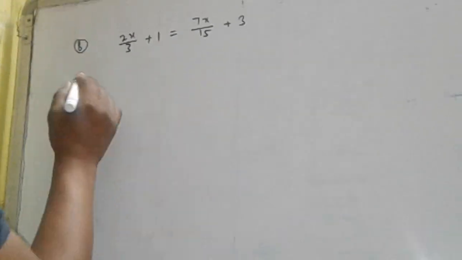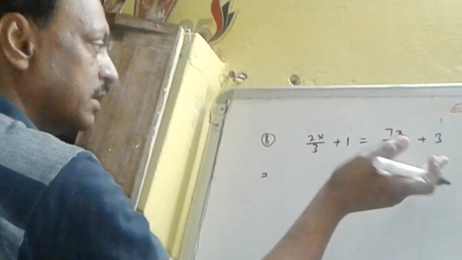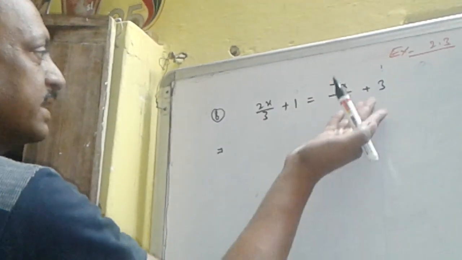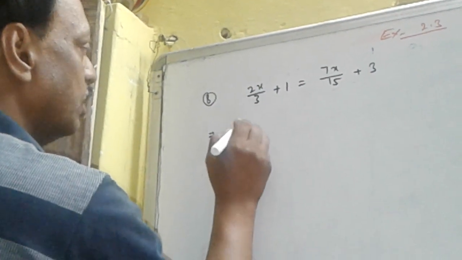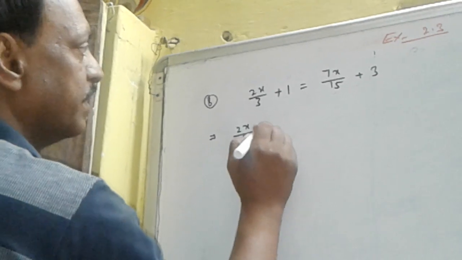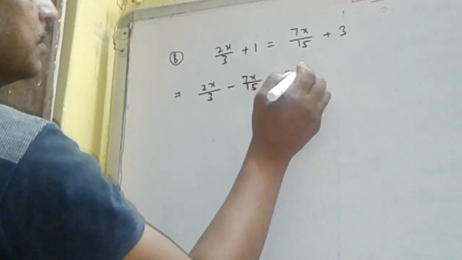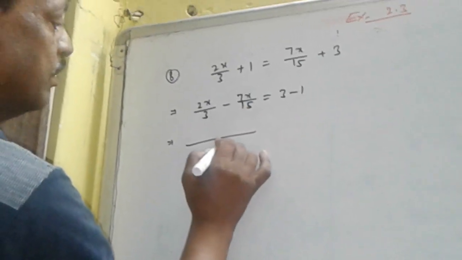Okay, so how can we solve? Various methods are there, but we will take the traditional method. In this method we will take the terms of x to the one side and the constant terms to the other side. In doing so, we can write 2x by 3 minus 7x upon 15 equal to 3 minus 1. Now take the LCM.